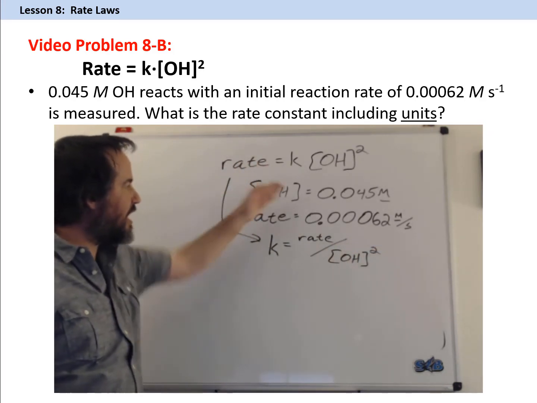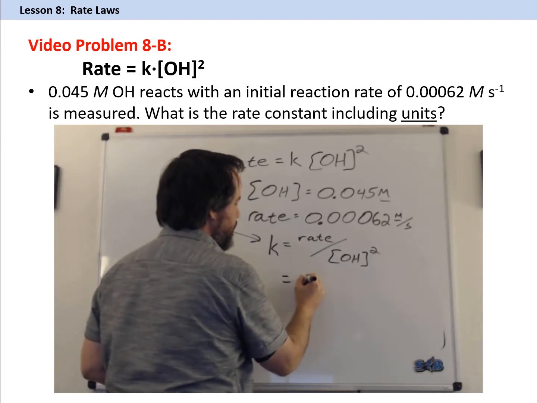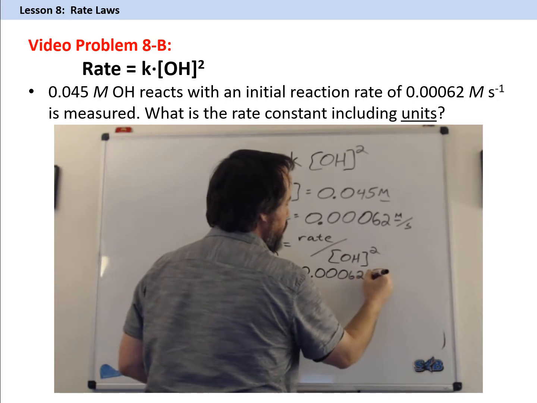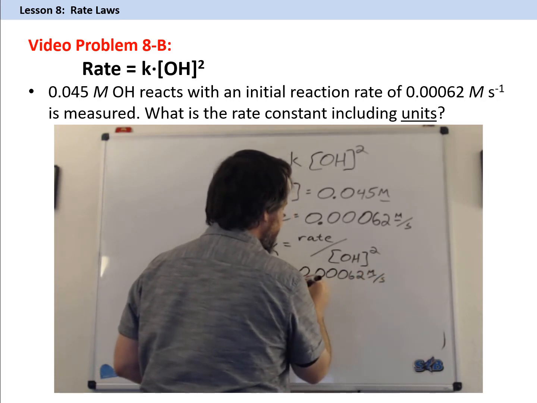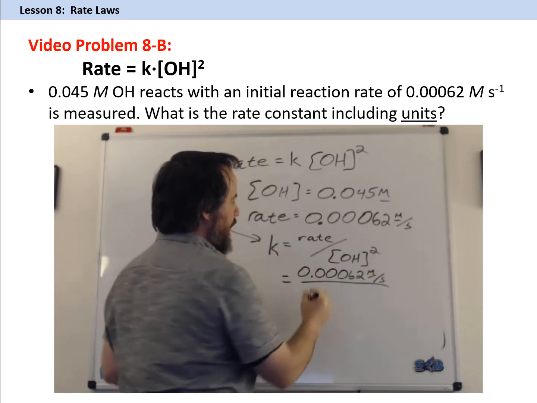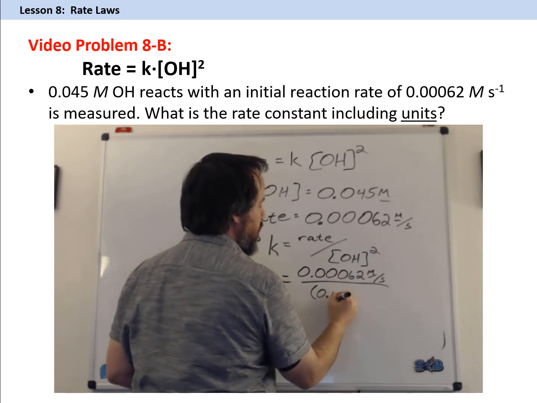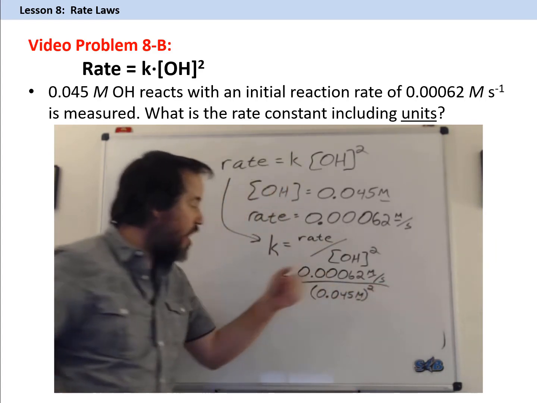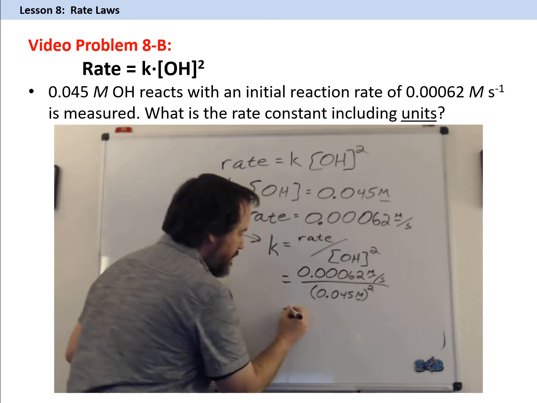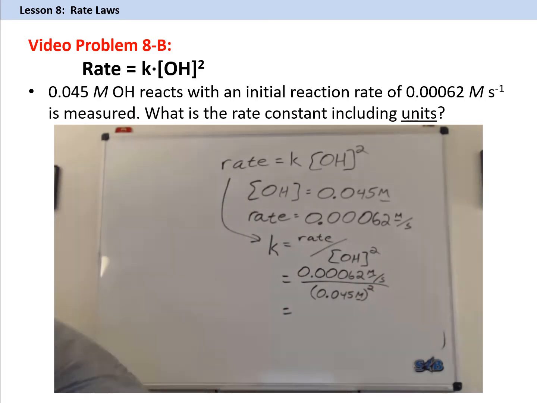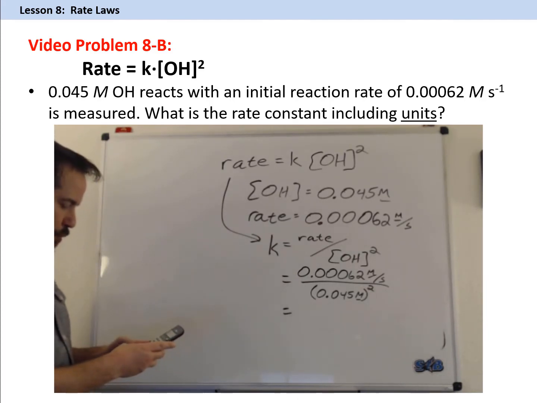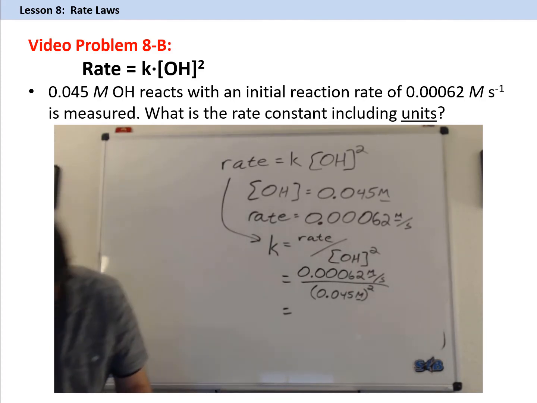Now that I have this, I can plug everything in. 0.00062 molar per second. Okay. OH is going to be 0.045 molar. This is squared. Okay. So I'm going to do this. Break out the calculator. 0.045 squared.